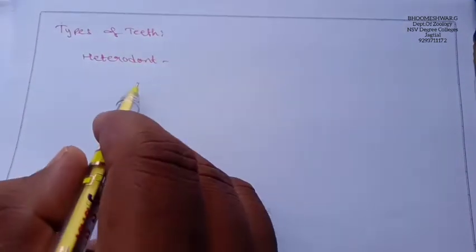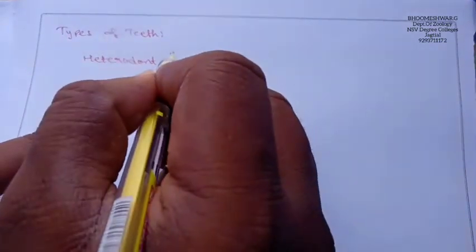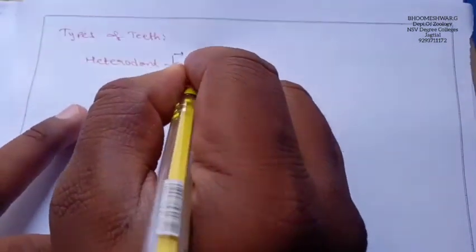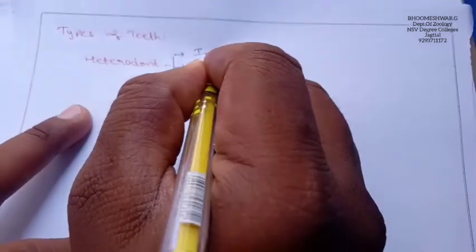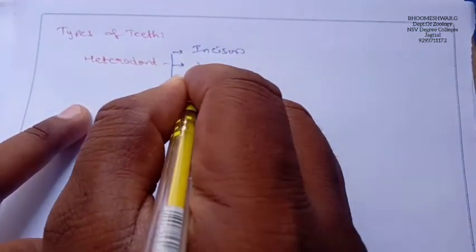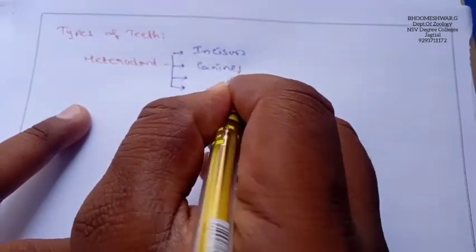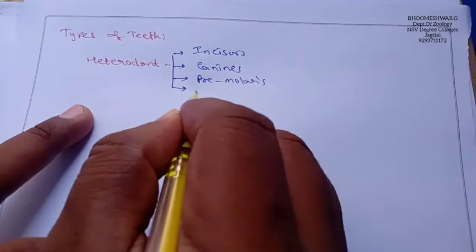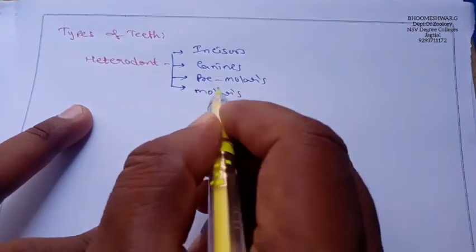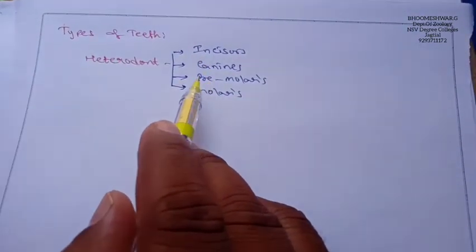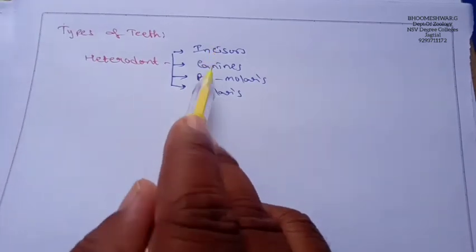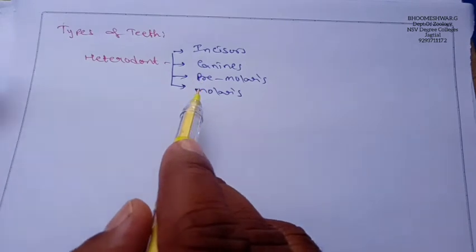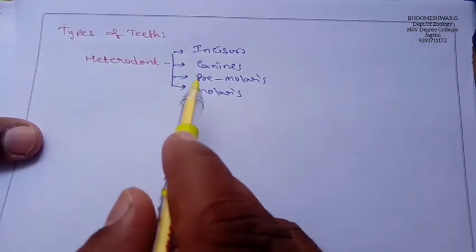Heterodont teeth are mainly classified into four types: the first type is incisors, the second is canines, the third is premolars, and the last is molars. These four types of heterodont teeth are dissimilar in shape and size, and they also perform different functions.